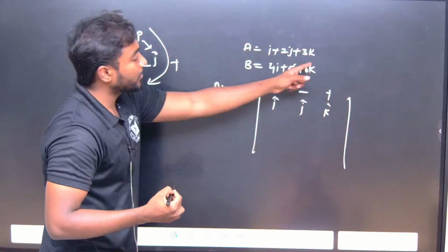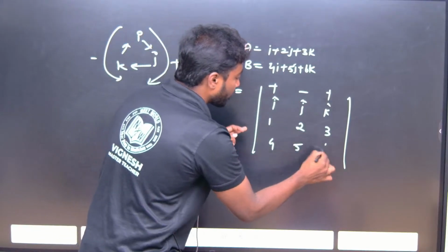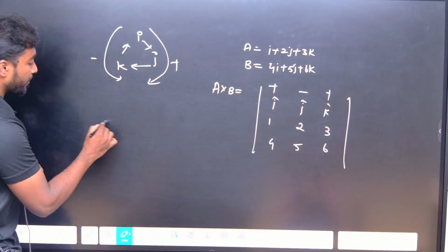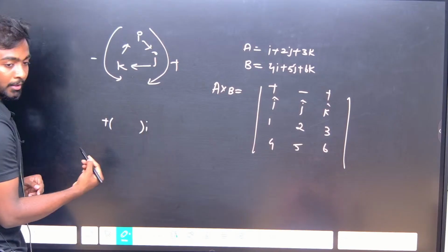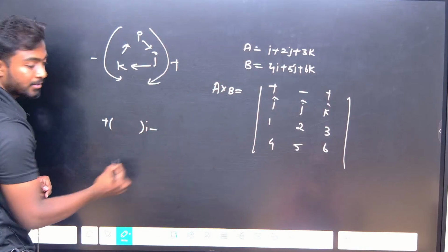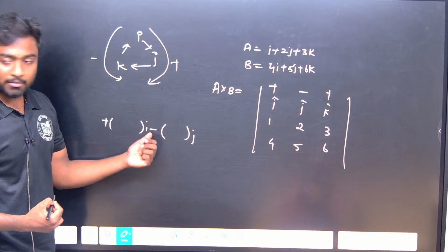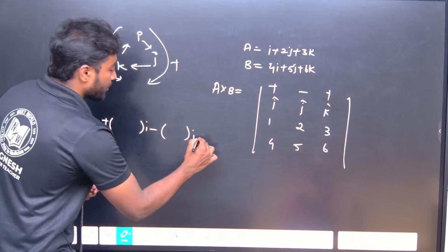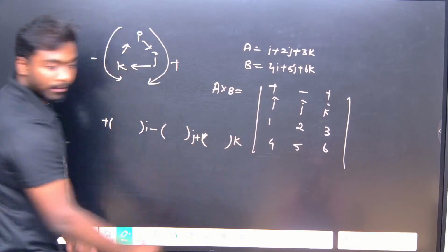What numbers are there? 1, 2, 3, 4, 5, 6. Now keep plus over here, open and close the bracket, i vector. Then minus, so j vector. This is the formula. So plus k vector.